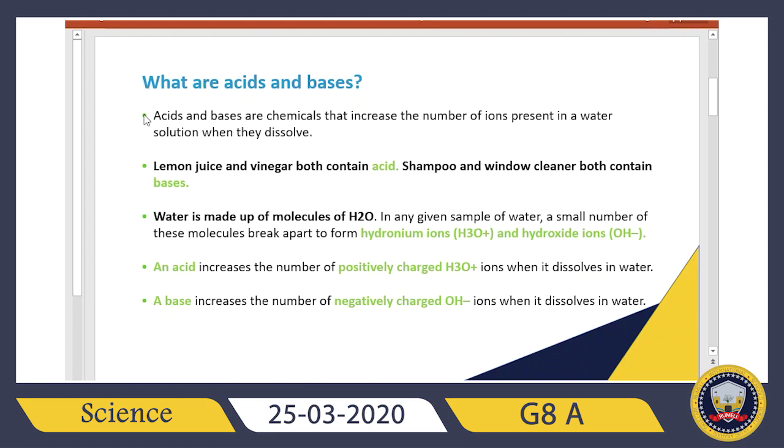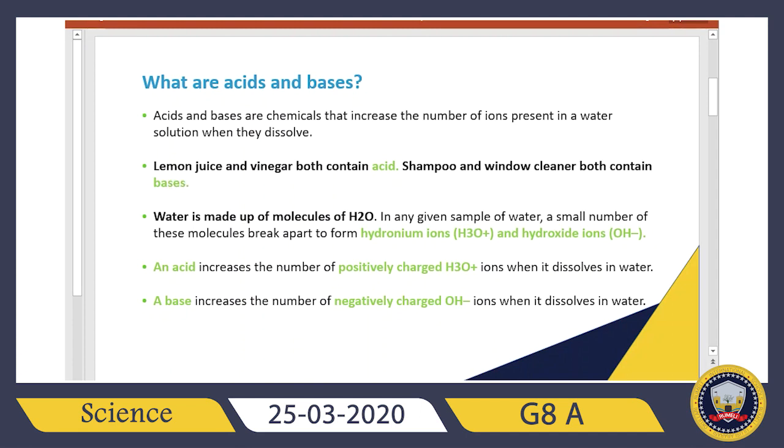We will dig deeper into this definition, don't worry. Lemon juice and vinegar are examples of acids. On the other hand, shampoo or window cleaner are examples of bases.